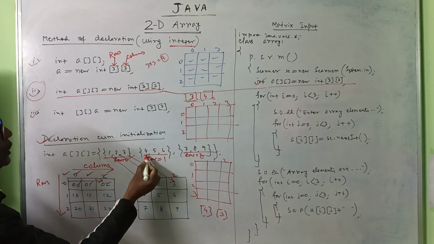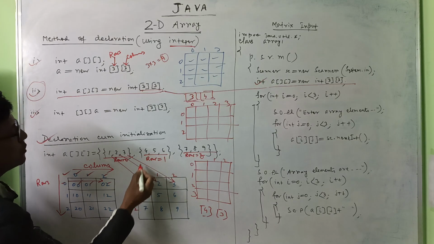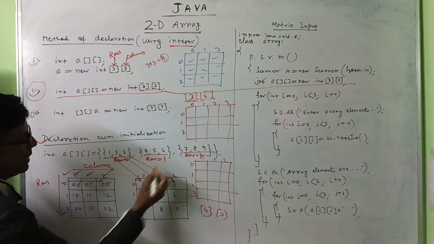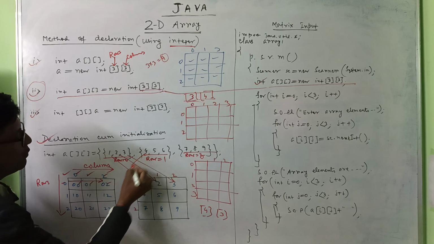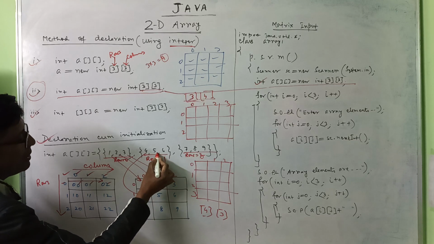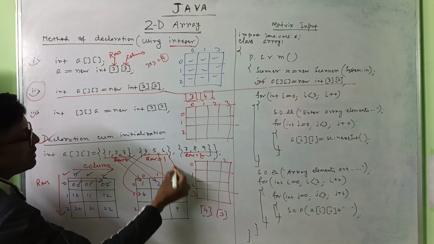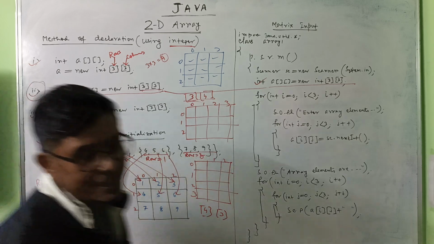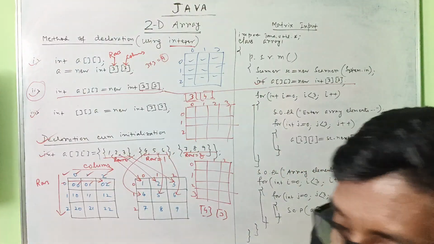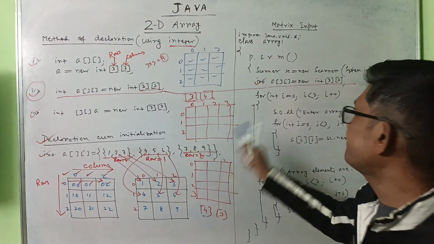Whenever you are writing 4 5 6, this is the second row, row 1. What is this row 1? Row 1 means this 4 will come here and this 5 will come here and this 6 will come here. So you can understand the last row will come here. So if you write directly like this, that means you are giving direct value.